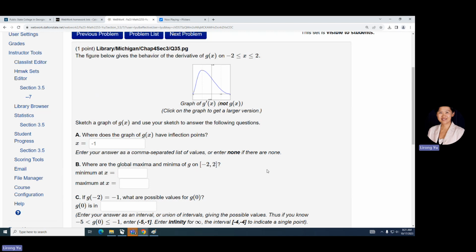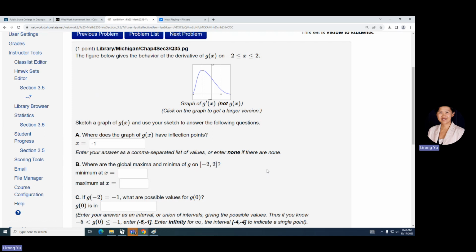Any question? So when we are talking about increasing or decreasing of the derivative, we are actually talking about the second derivative. This is the derivative function. Now the whole derivative is all positive. See, that's the x-axis.